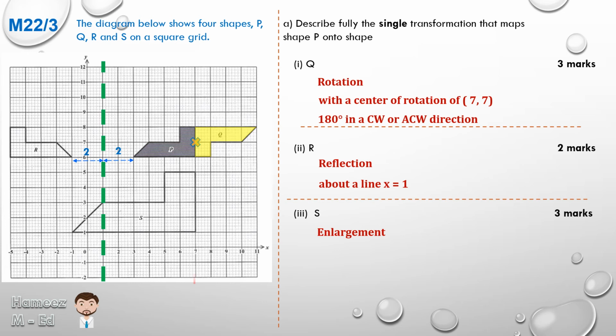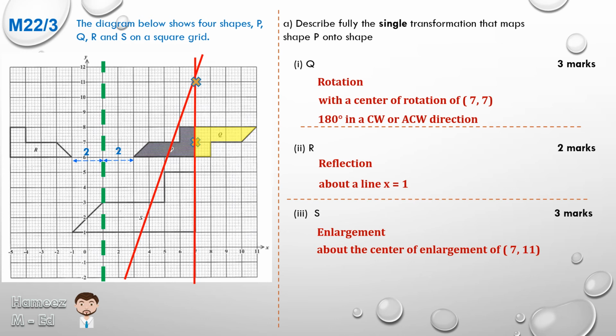And for S, it's the same. So if we draw a red line going through it, that means the center of enlargement lies somewhere along that line. And similarly, let's pick another point on P and S. And let's draw a line through it. And where these two lines intersect, that is our center of enlargement, which is 7 for the x value and 11 for the y value.